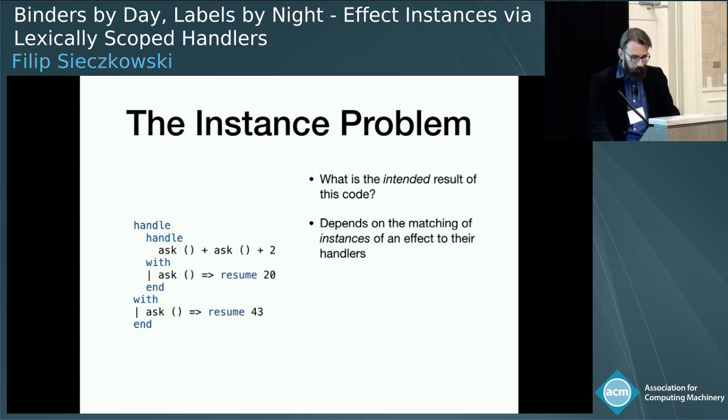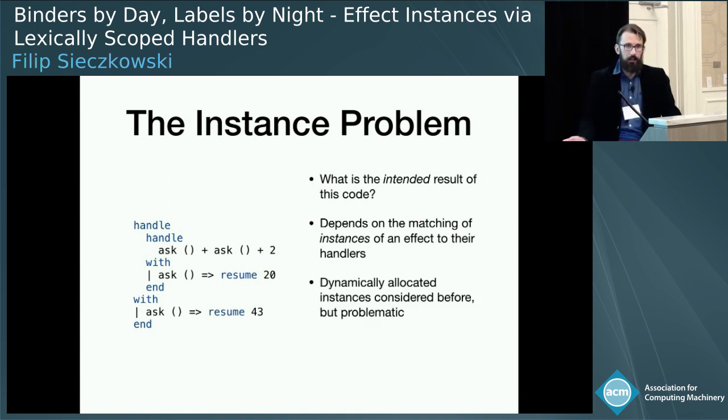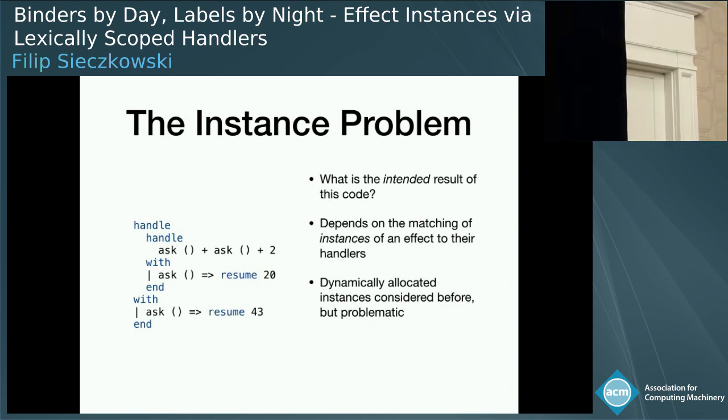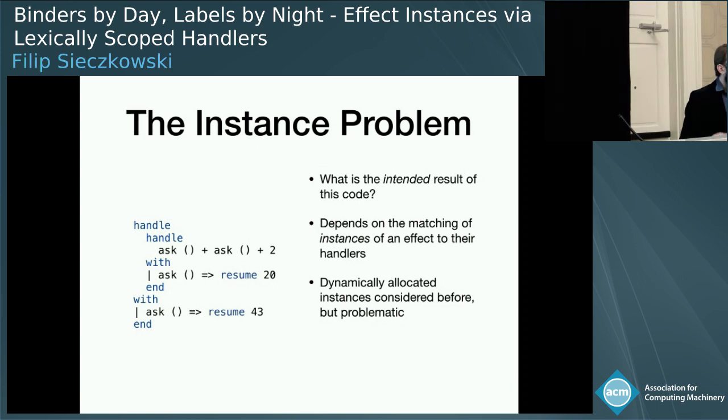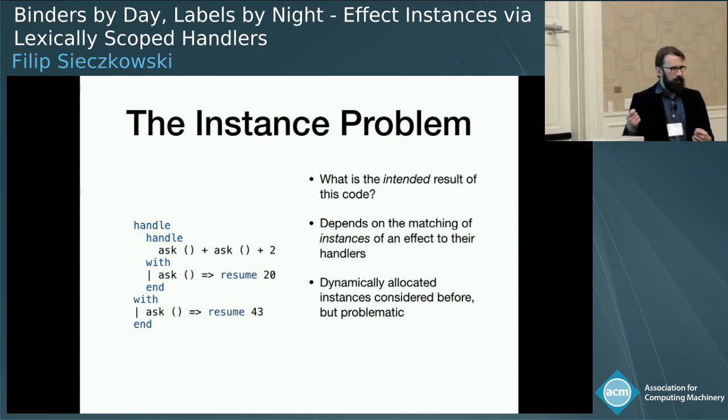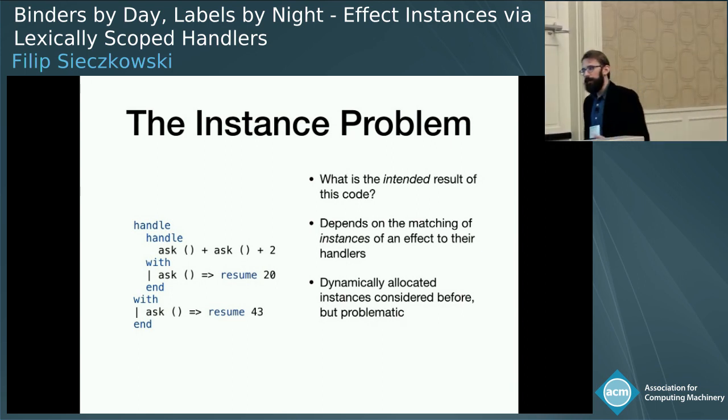So what else can we do? Well, an earlier iteration of the F* programming language, due to Matteo Pretnar and his collaborators, introduced dynamically allocated instances. So you could establish an instance and then say at each ask which instance of the effect it is supposed to be. But these instances were very powerful.